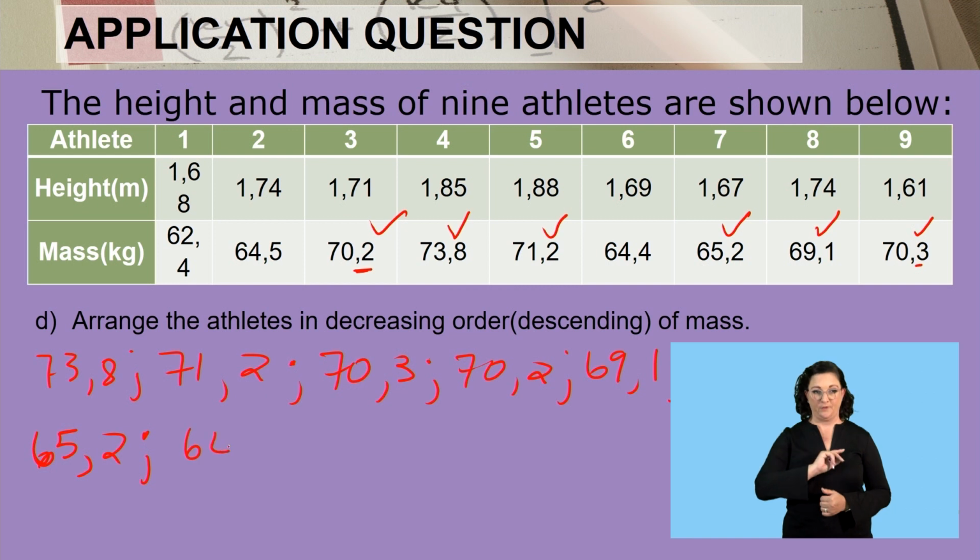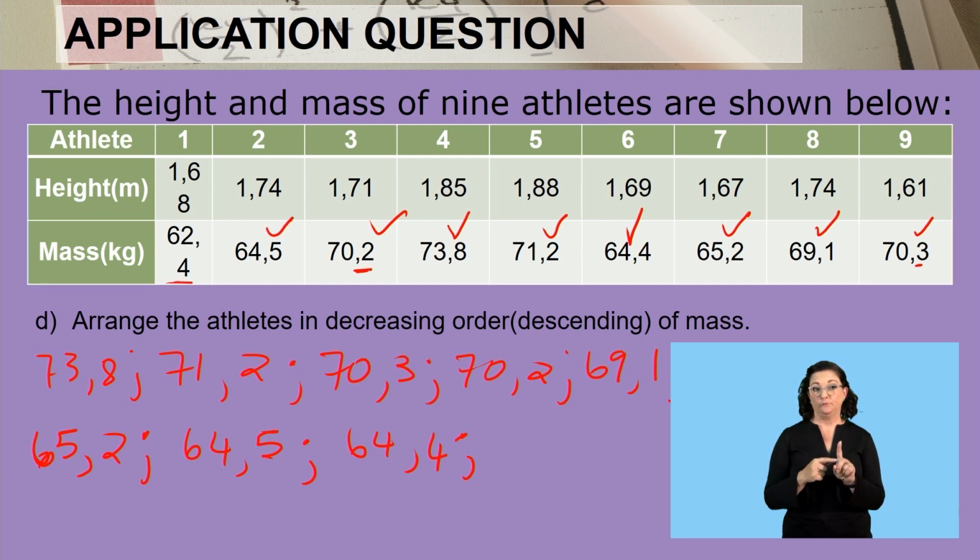This should be 64.5, and you are getting it right, followed by a 64.4, and finally we have the person who is least heavy, which is 62.4. And this is now arranged in decreasing order, which is descending order, from the heaviest right to the person who's less heavy.